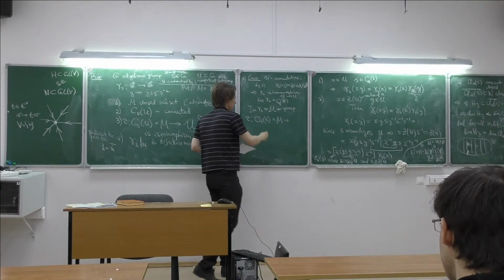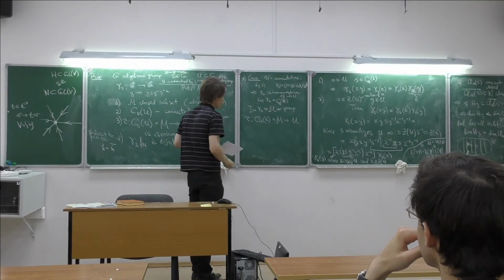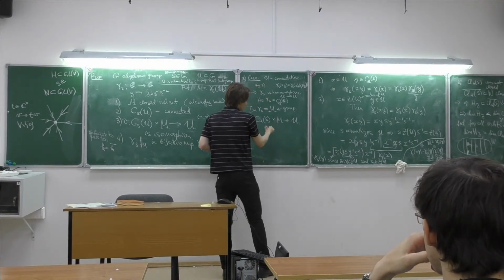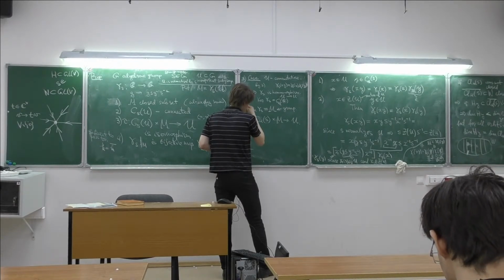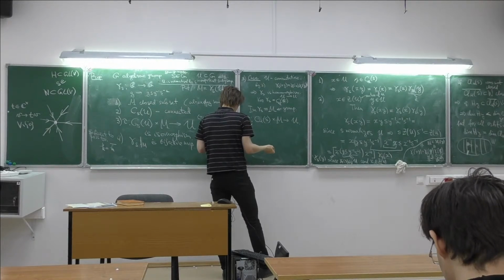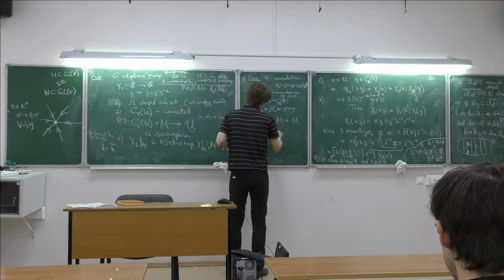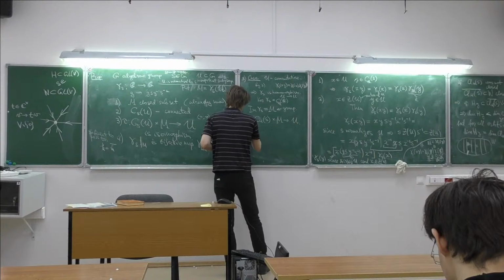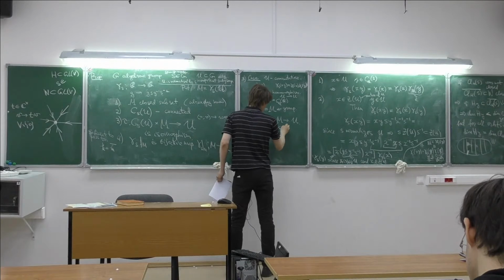And these are two commutative groups. And notice that this map is actually injective. So remark that tau is injective.